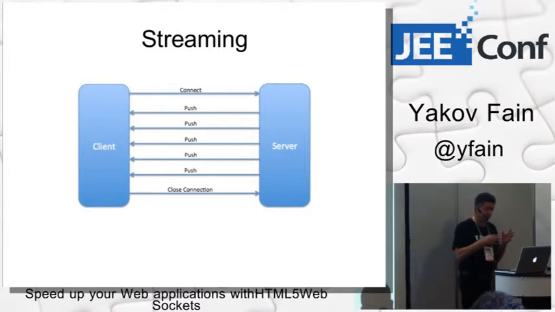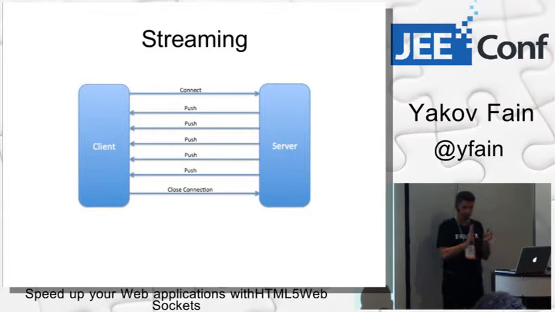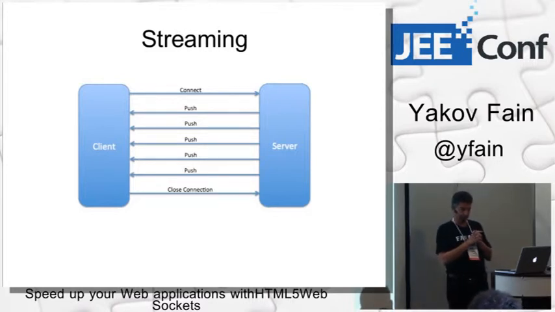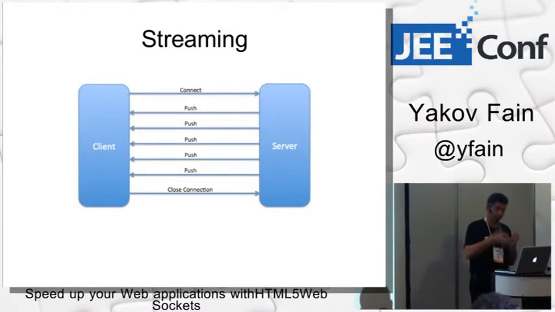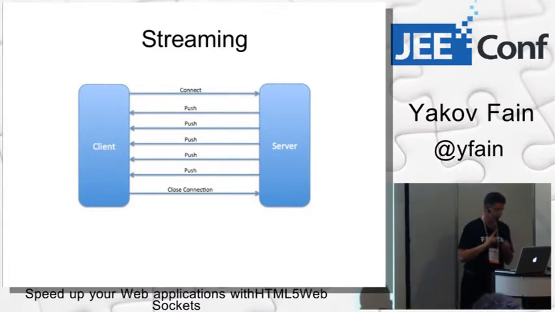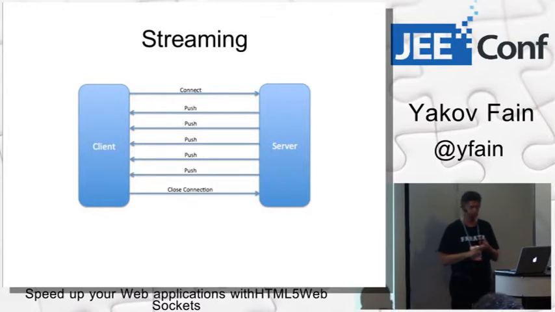If all these requests go through some proxies, these proxies may decide to buffer the request. Because of that, you will get some slowness, sluggishness. In some cases, proxies won't like the content, and you may lose a connection. So it happens. But no matter what technique you use, polling, long polling, or streaming, it's still HTTP.